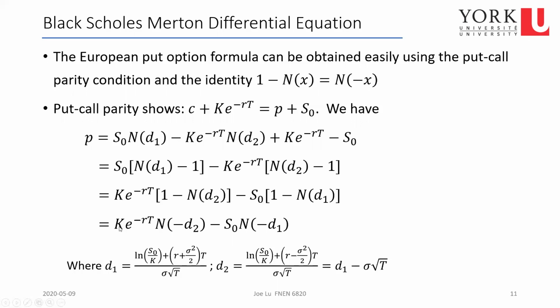So you get K times e to the power minus RT times N(minus d2) minus S naught times N(minus d1). So through this simple derivation, you are able to derive the price for a European put with an underlying asset that doesn't pay dividends. This derivation itself is rather simple.